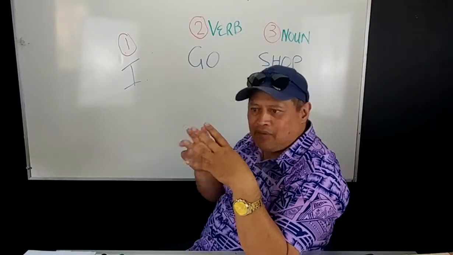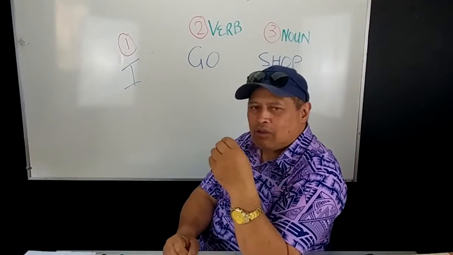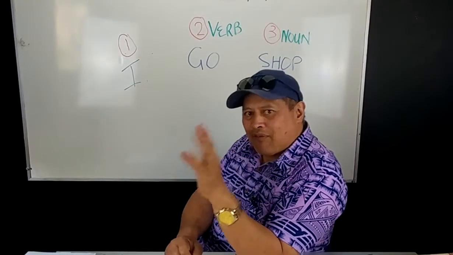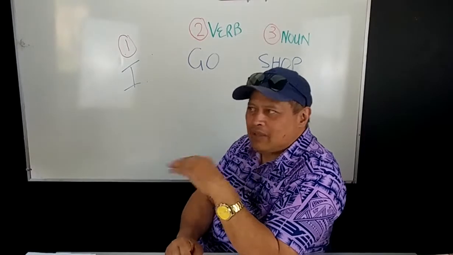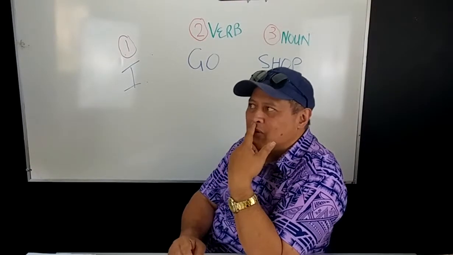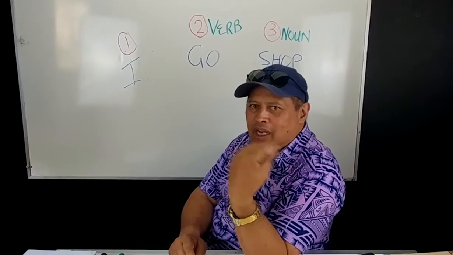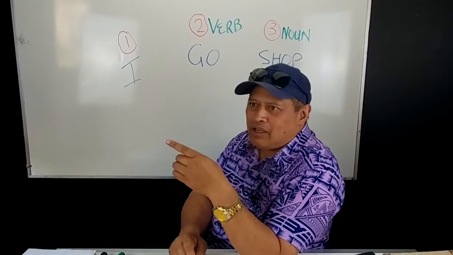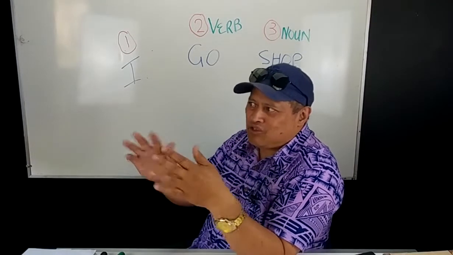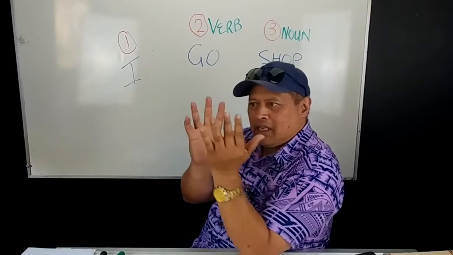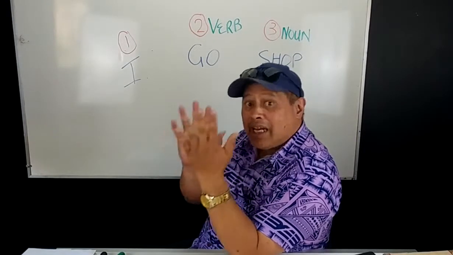key steps. If you can get to know your I's and your verbs and your nouns, because every sentence in English, I go church, I go shop, I jump over the trestle or whatever, there's always a verb and a noun.